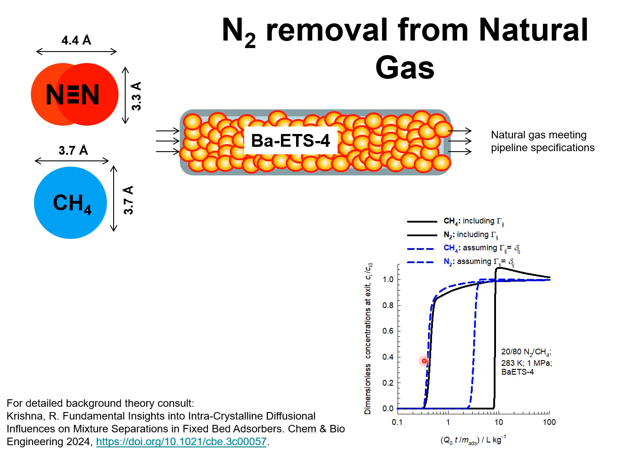It is even visually obvious that the LDF model anticipates a lower productivity of purified methane as compared to the Maxwell-Stefan model implementation. The simulation details are provided in my paper that is online in chemical and biological engineering.